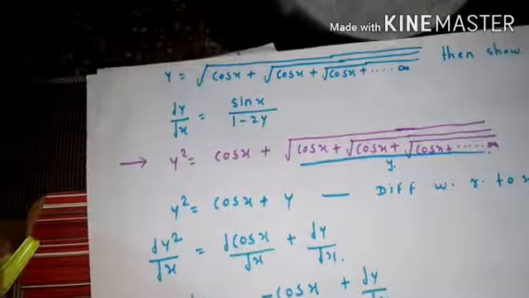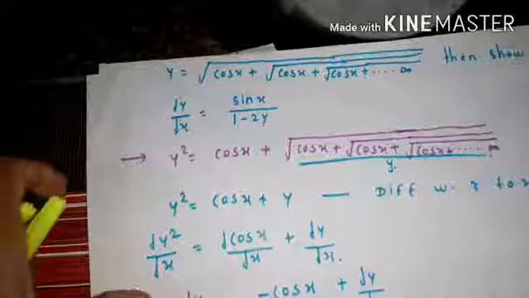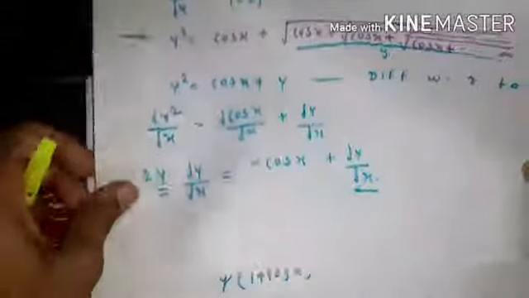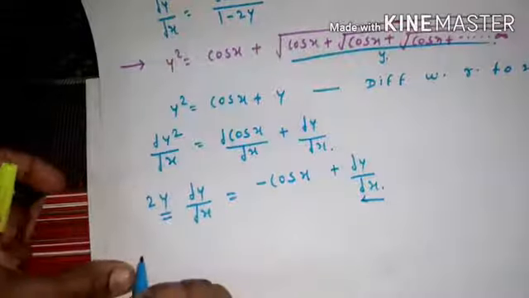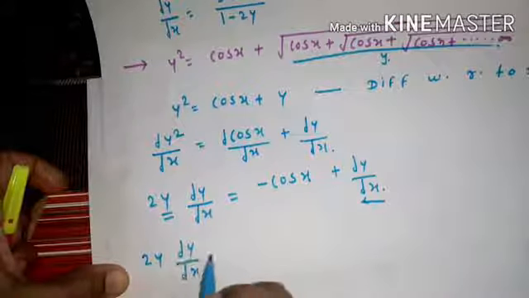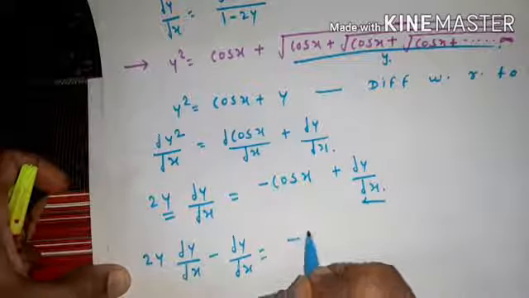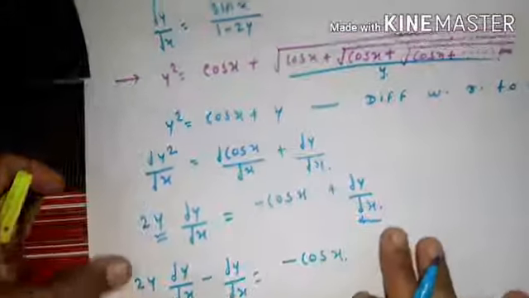Now collect the terms containing dy by dx on one side. We get 2y dy by dx minus dy by dx equal to minus cos x.